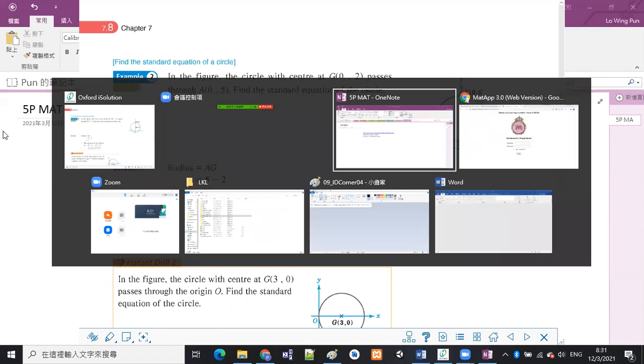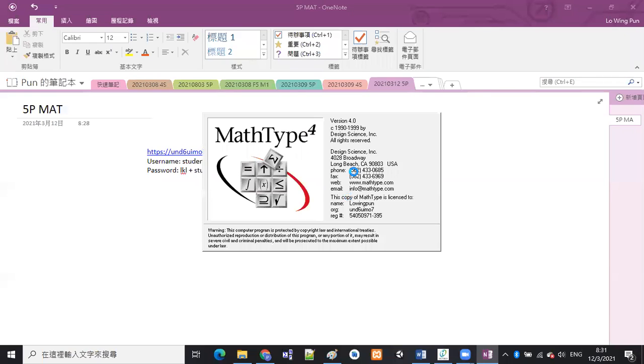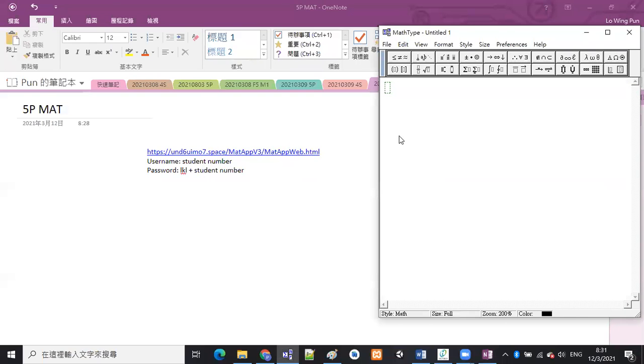Let us do a little review of what we have learned about the equation of circle. In order to find the equation of circle, we need, one, the center, the coordinates of the center, denoted by h and k.